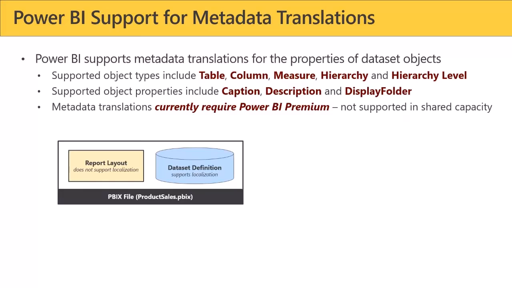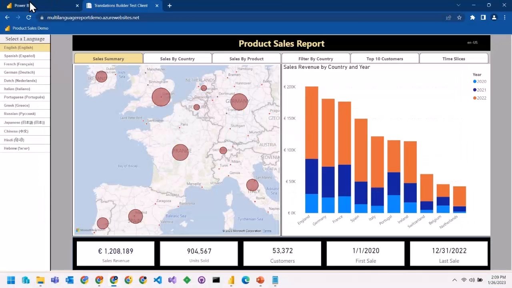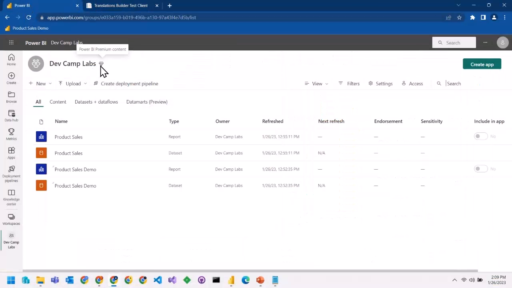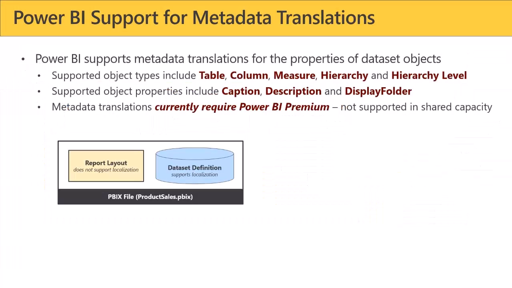Now, metadata translations currently require Power BI Premium. So what you're going to see here is, if I switch over, we need a target workspace that has a diamond. The issue is that they don't load correctly in a workspace that's not associated with a premium capacity. That's not something we plan to have forever.